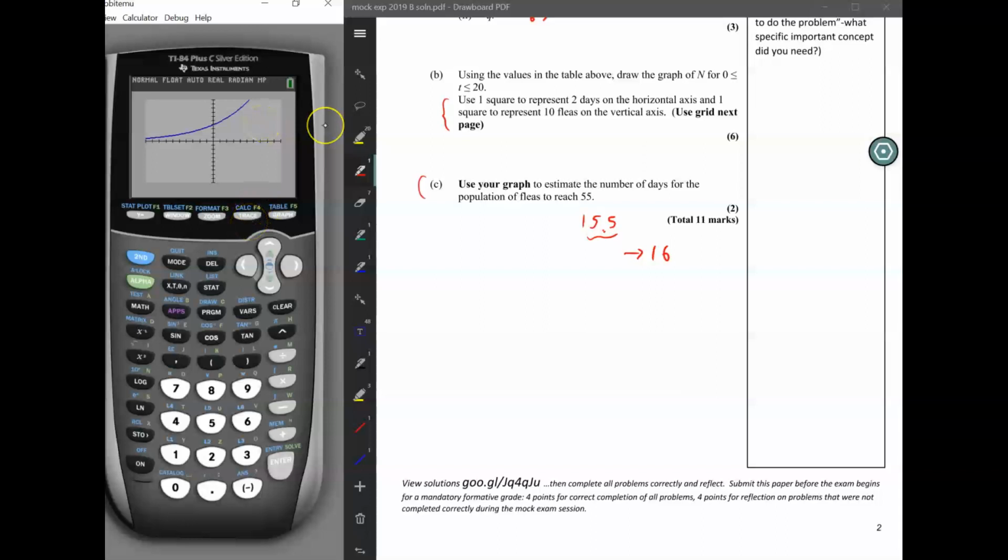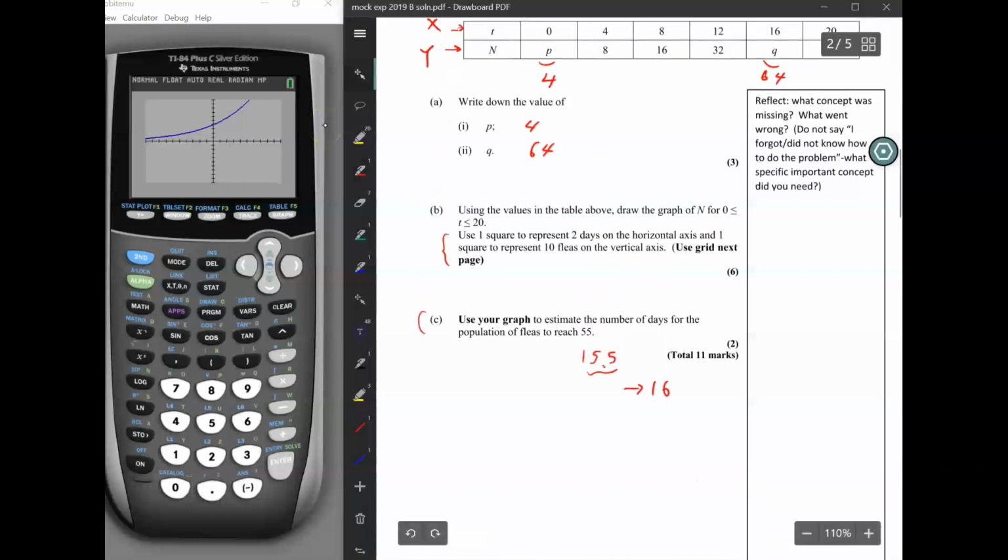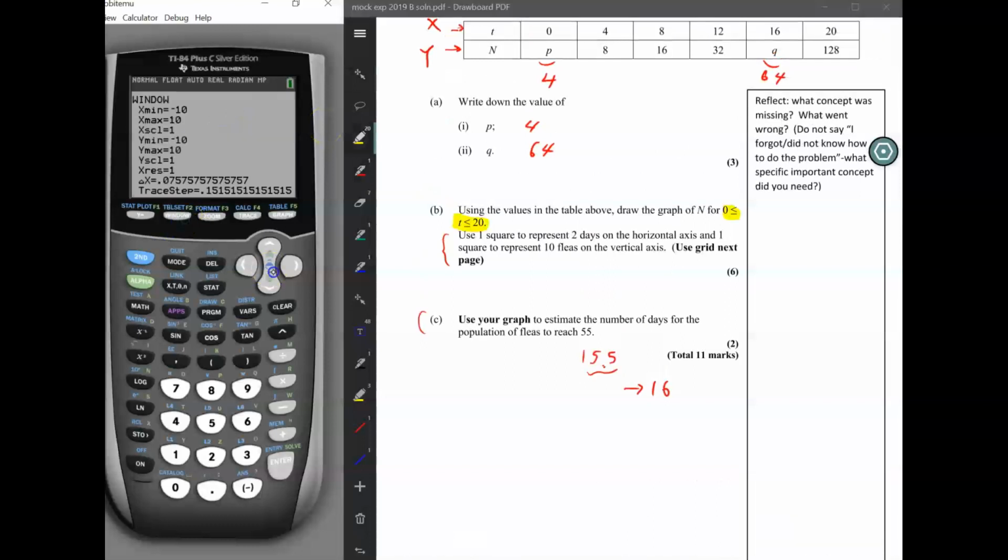To do that, let's first take a look at the x values. The x values should be between 0 and 20, right? And the way we adjust x values is using window. So let's adjust the x max to be 20, because that's the maximum x value we're seeing here. And then the other thing that we need to adjust is the y values. The way we adjust the y values is we do zoom fit.